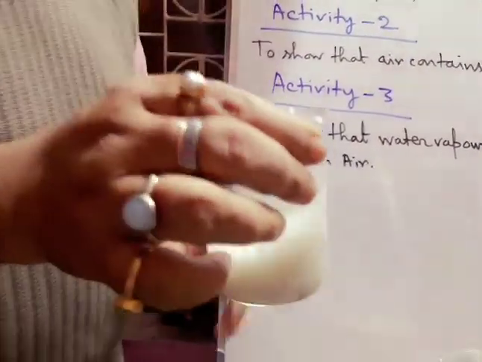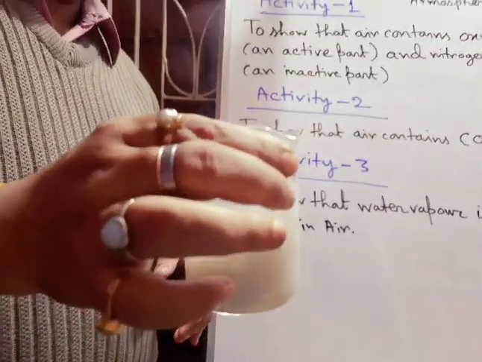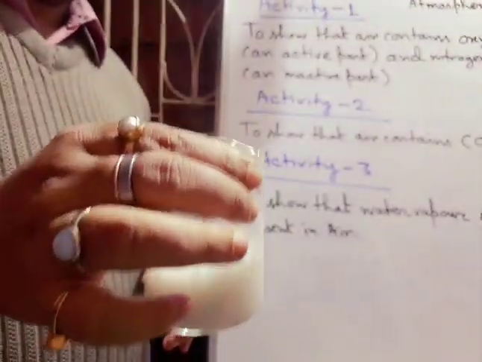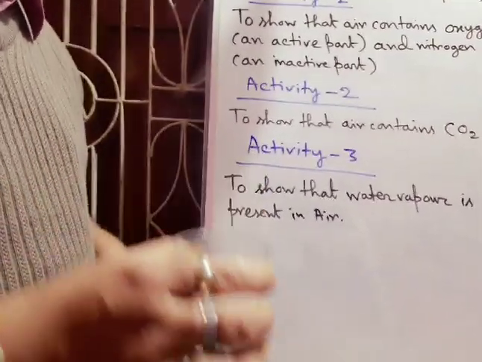Now almost we get a slurry of this calcium hydroxide. Next what we have to do, we have to filter this solution by using a funnel.